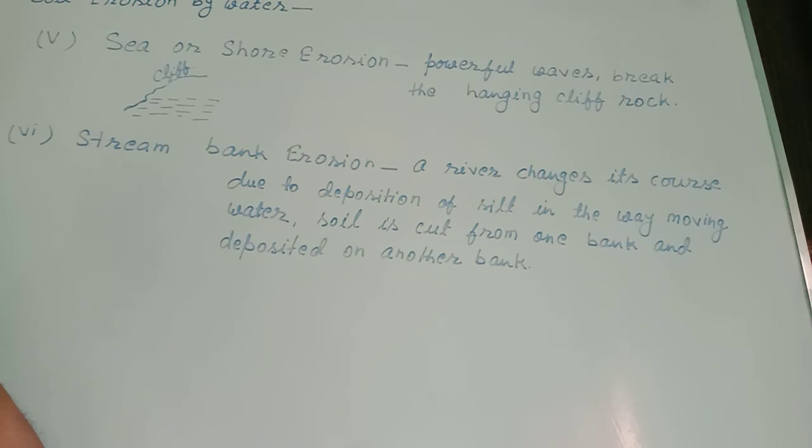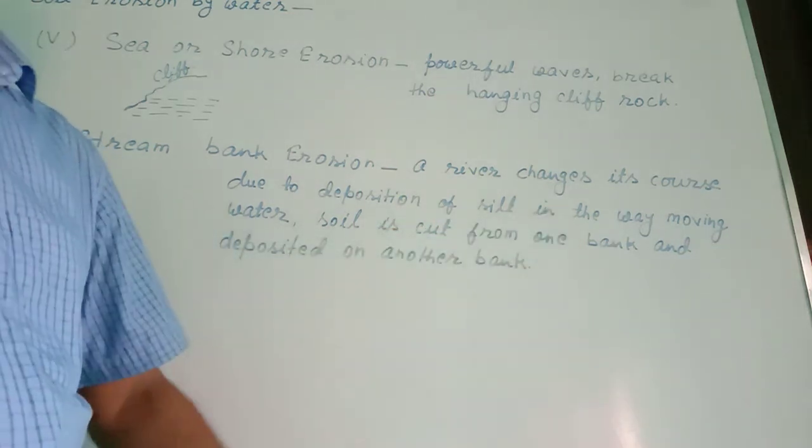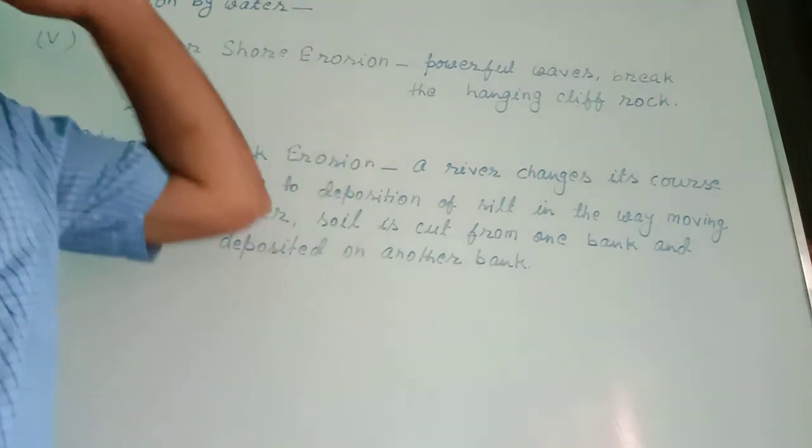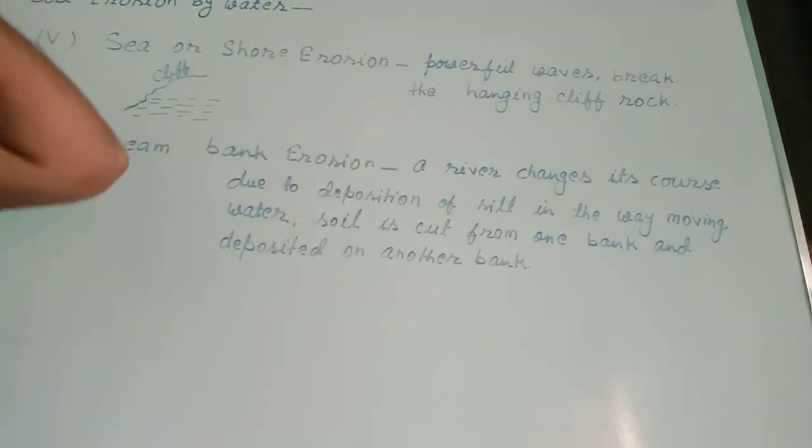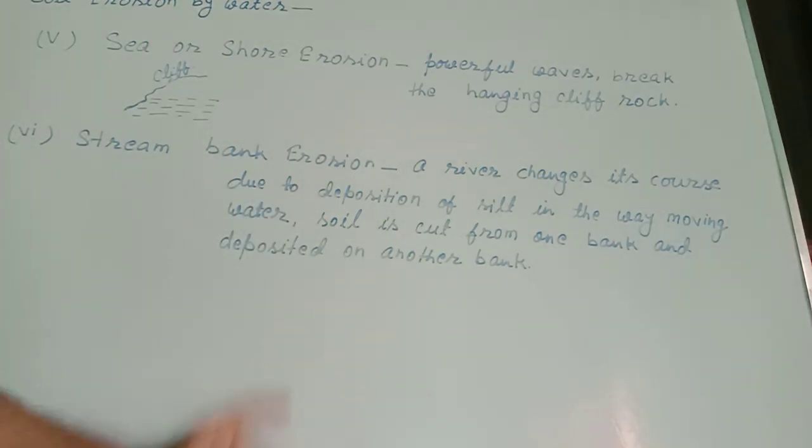Water tries to find another way to move. Due to this, the soil is cut from one bank as the water takes a turn, and it is deposited on another bank. In this way, a new path for flowing water is prepared. This type of soil erosion is called stream bank erosion.